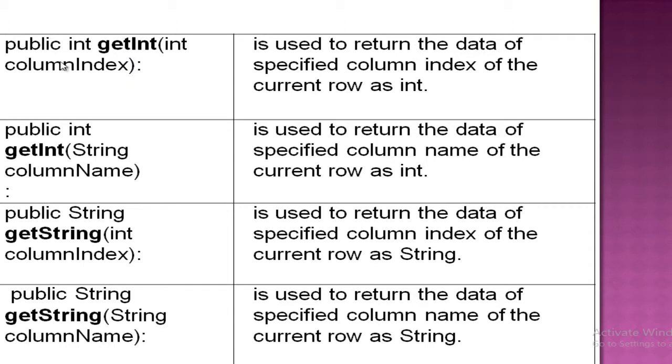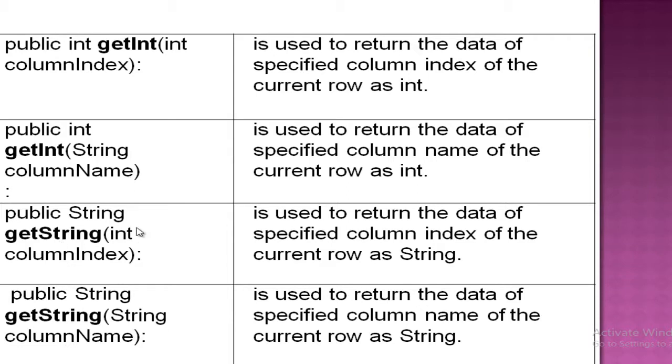Whenever we have to specify the particular column index, then we have to use this method getInt, right? Suppose you are going to get the value as a string, then you have to write the string column name, then you will get the column name, not the integer data. Okay, so this is how you can implement the integer column index and the string column name.